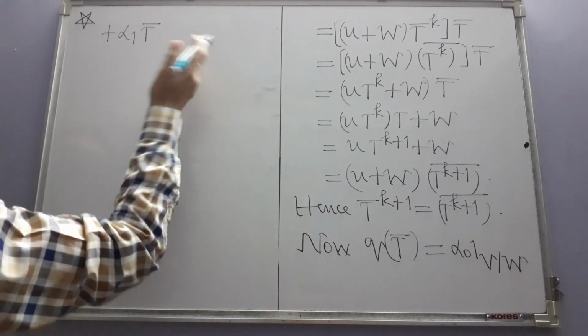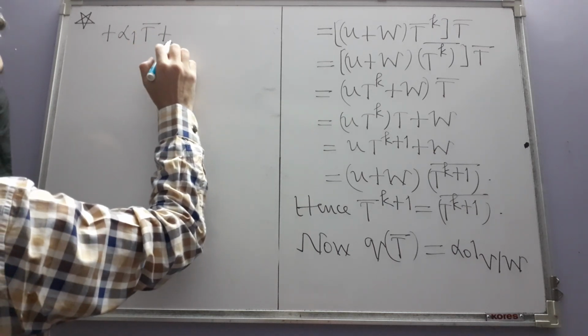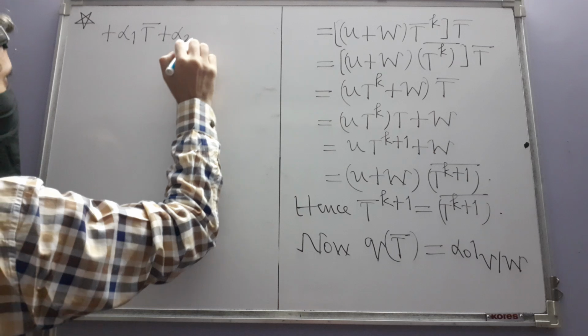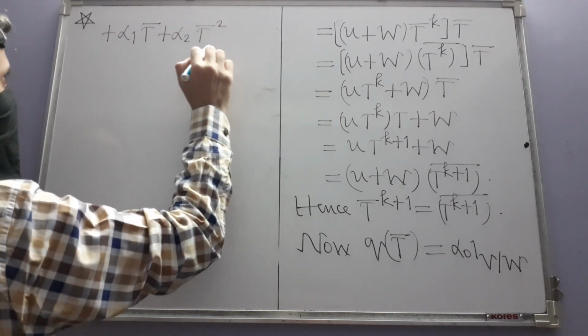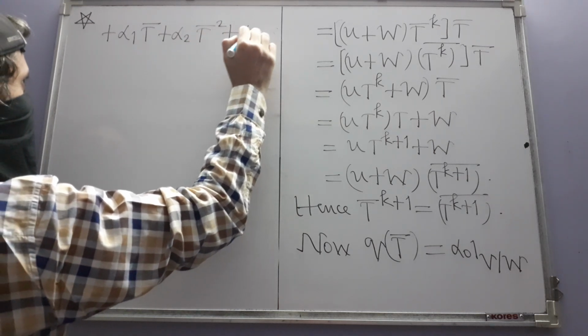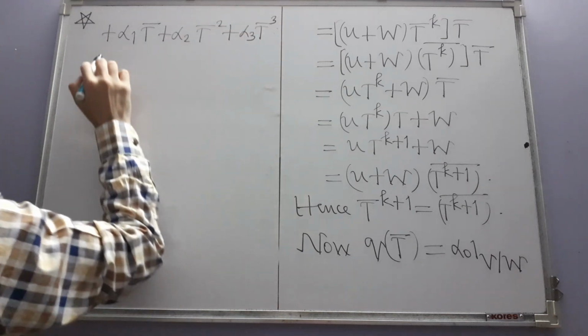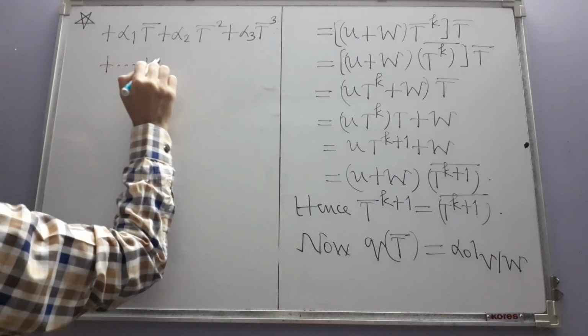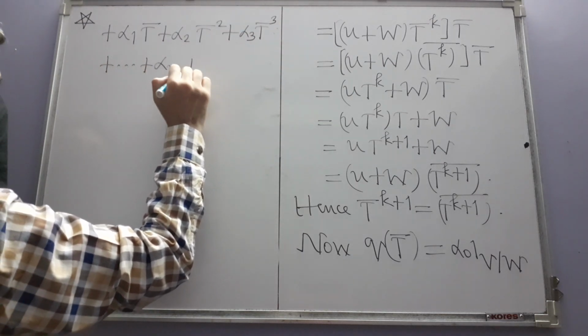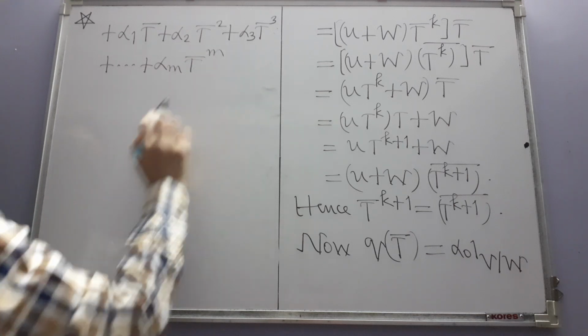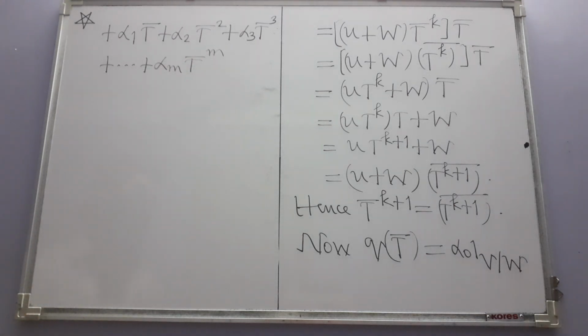Actually, it's there, but there is no need to write separately. Alpha 2 t bar square plus alpha 3 t bar cube, and like that it goes, and finally we have alpha m t bar to the power m.